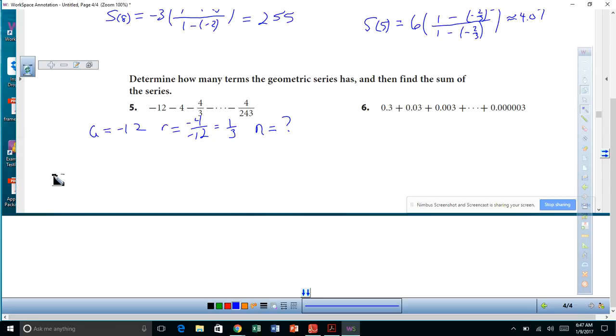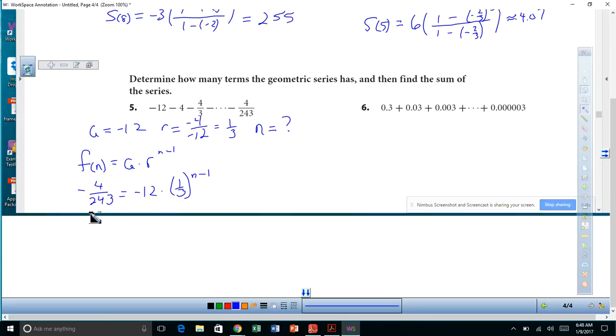Well, how do we calculate? Remember the beginning formula, f of n equals a times r to the n minus 1. We can use that formula there. So this is going to be -4 over 243 equals a, which is -12, times r, which is 1/3 to the n minus 1.